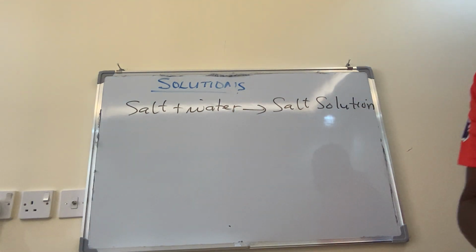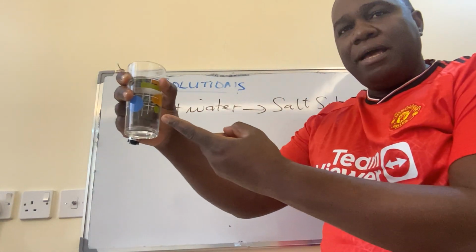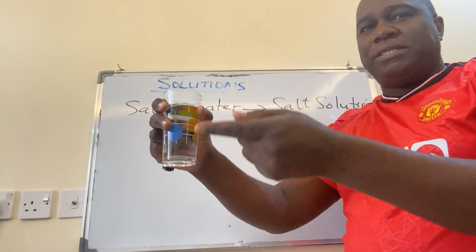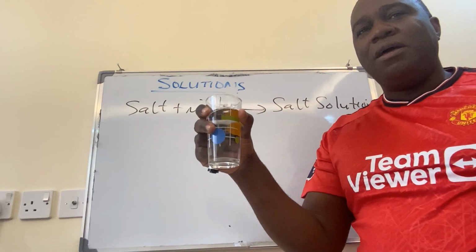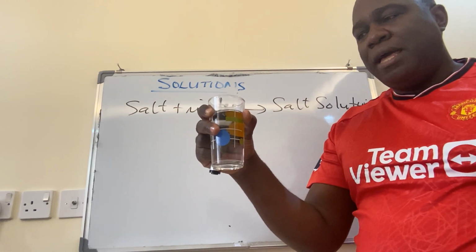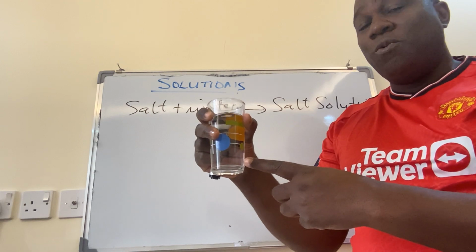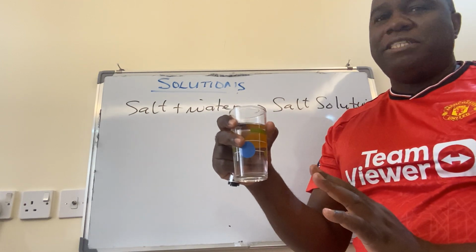But if I take the solution which I formed here, I'll show you the solution again. If I take the solution which I formed here and I continuously put salt into this solution, what do you think will happen at the end? Yes, you're correct. At the end, no more salt will dissolve because salt has a certain solubility at a given temperature.